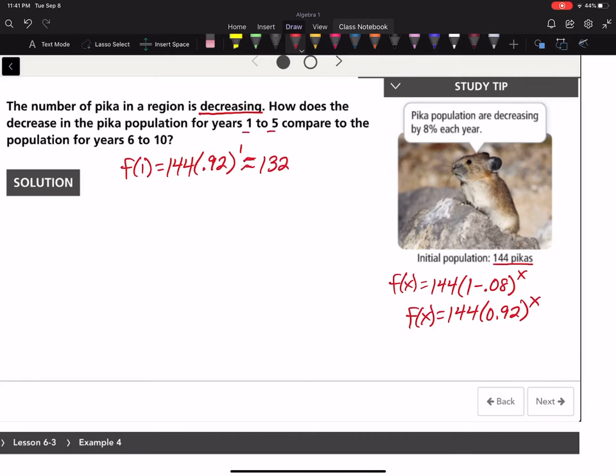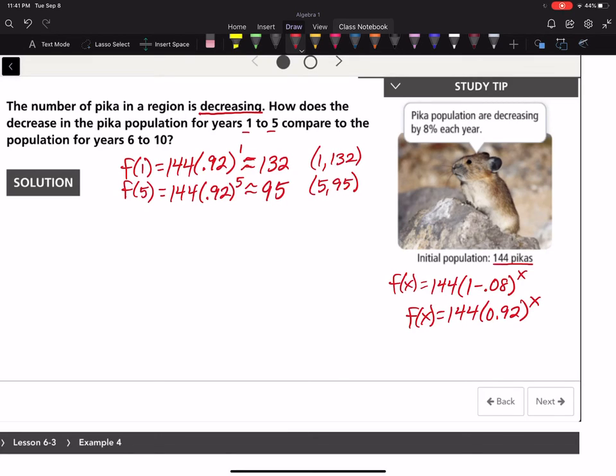Then I find f of 5, which is 144 times 0.92 to the 5th power. That would be around 95. And basically, so we have (1, 132) and (5, 95). And basically, you figure out the rate of change there.